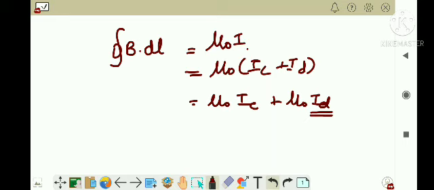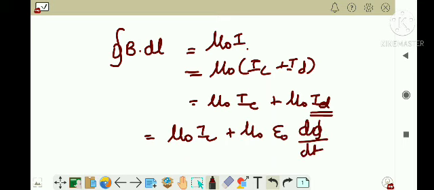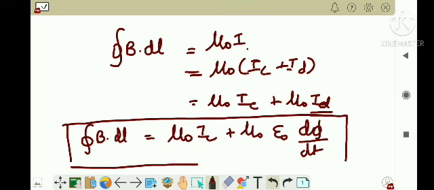So I can write this term as mu 0 IC plus mu 0 epsilon naught d phi by dt. So this is the expression which is Ampere Maxwell's equation, right? That is the total integral B dot dl is equal to mu 0 conduction current plus mu 0 epsilon naught d phi by dt, the displacement current.